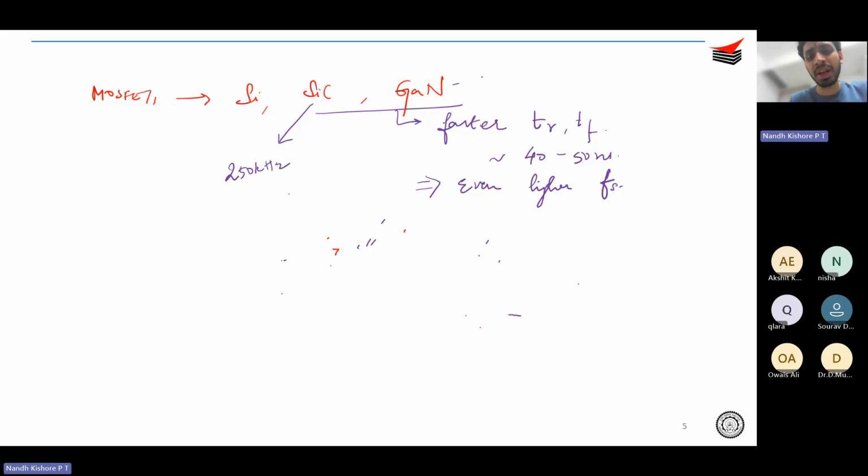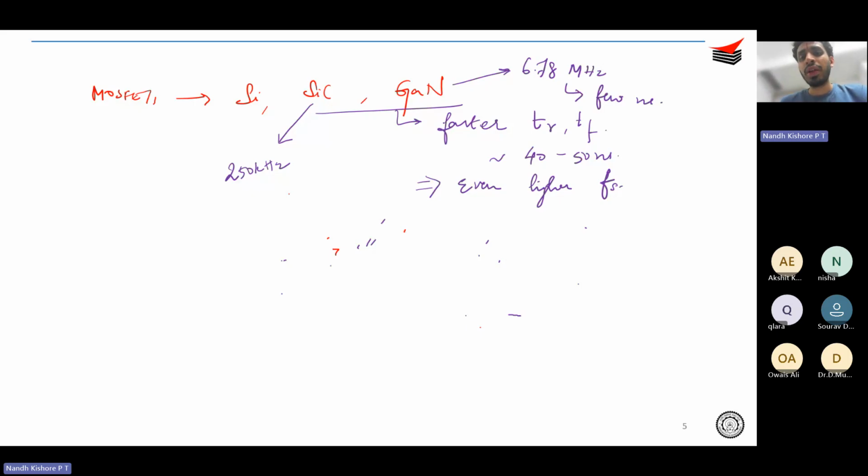And with gallium nitride, people have been able to go till megahertz level. One of the widely used applications is something called capacitive wireless power transfer, wherein the wireless power transfer happens through parasitic capacitances that are formed between two plates. In that case, people have been able to go till 6.78 megahertz, right? So you understand that if it's around 6.78 megahertz, the switching time itself is of the order of a few nanoseconds, right?